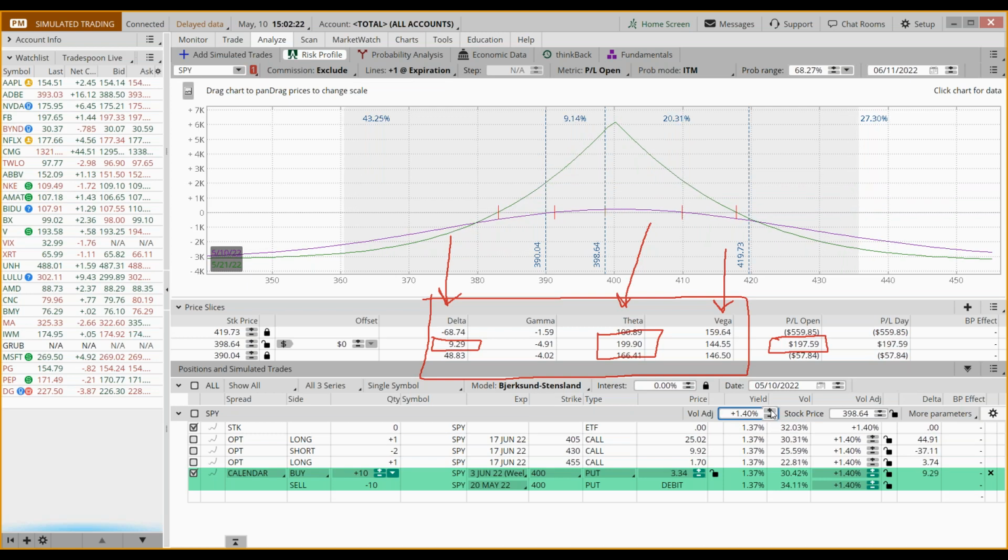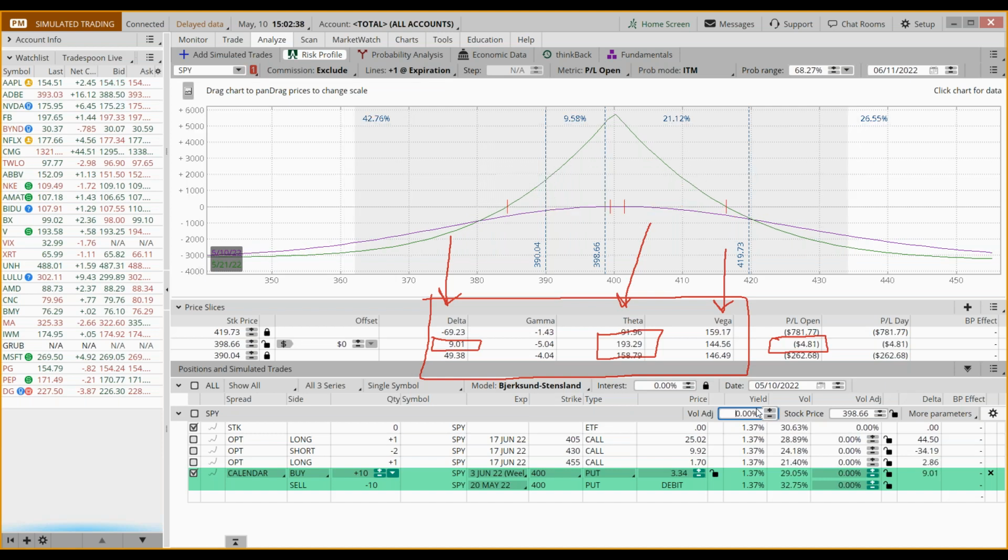Now, as I'm clicking this, what I'm doing is I'm injecting implied volatility into the model. Remember, our assumption is that this thing is moving out here, up, and implied volatility is moving, sorry, I meant down. If stock price goes up, implied volatility is going to go down.